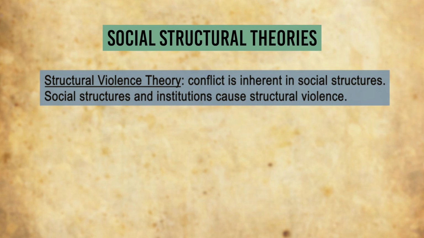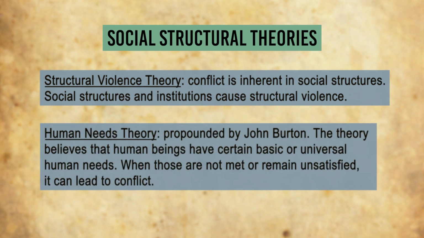Structural violence theory says that conflict is inherent in social structures. Social structures and institutions cause structural violence. Human needs theory, propounded by Burton, believes that human beings have certain basic or universal human needs. When those are not met, it can lead to conflict.